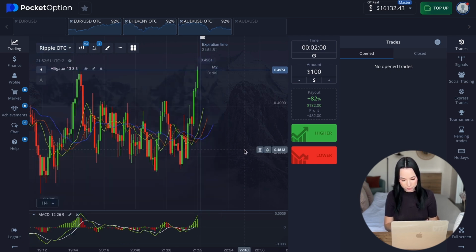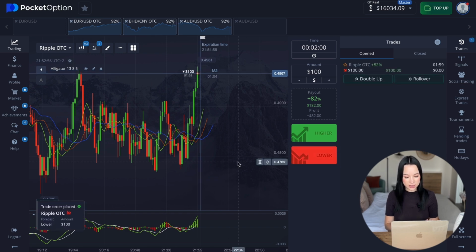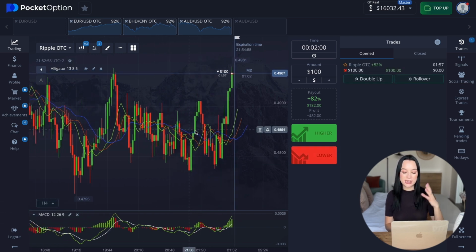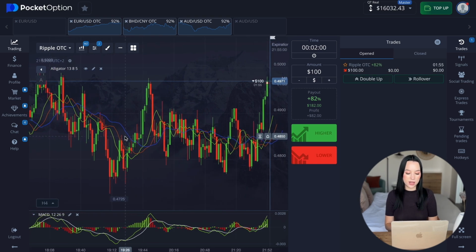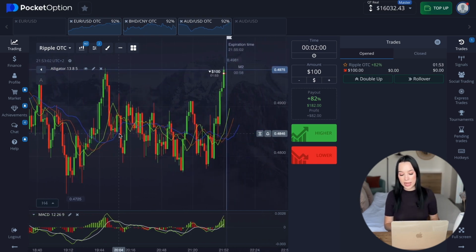For example, this one. I analyzed and I understand that all the charts we saw right now have achieved the resistance level, and I decided to open a trade down here for 2 minutes.